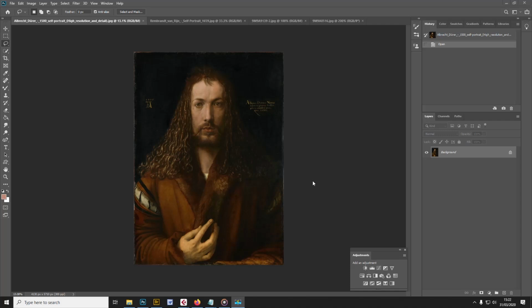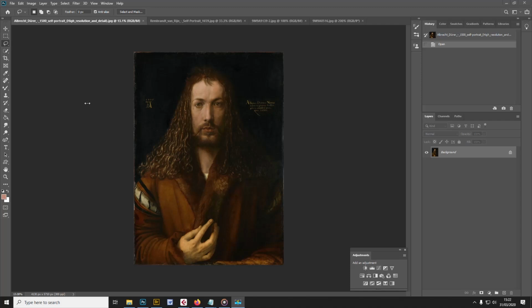And the catchlight essentially is a reflection on the surface of the eye of a light source which is in some position of proximity to the subject.